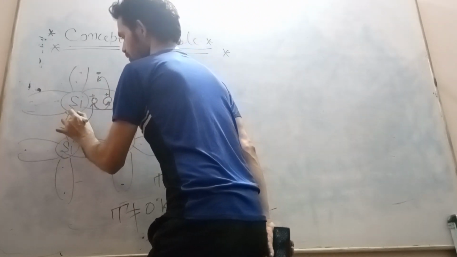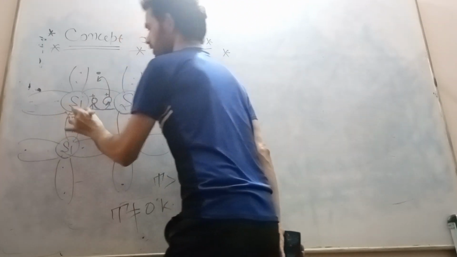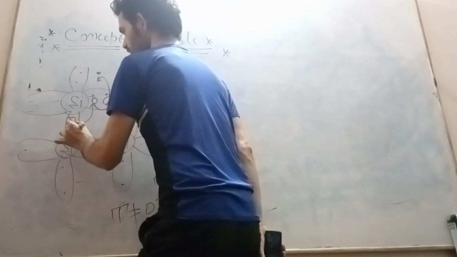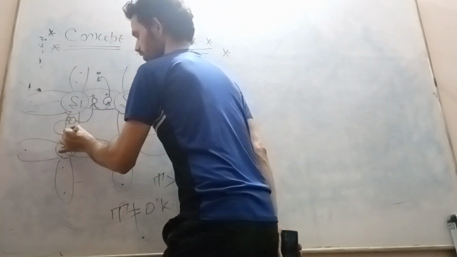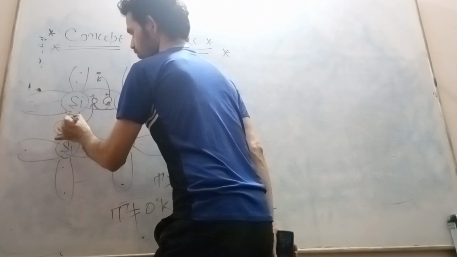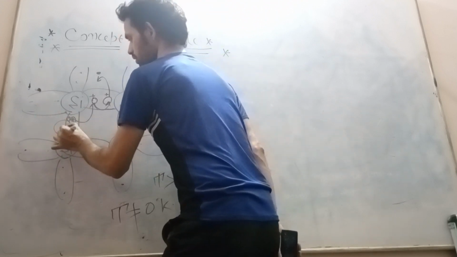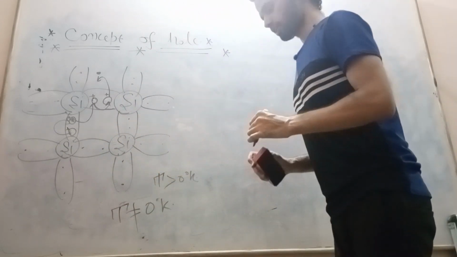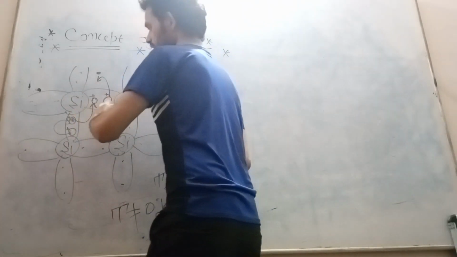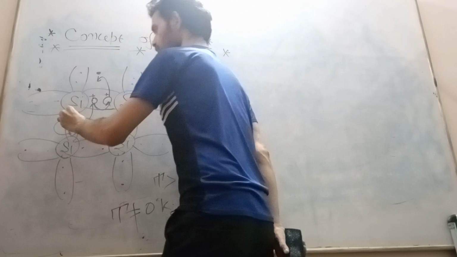Then a hole, or positively charged empty state, is created here. Then this electron will jump here and replace this hole with an electron, and a positively charged empty state is created again. That is what we observe: the hole is moving.